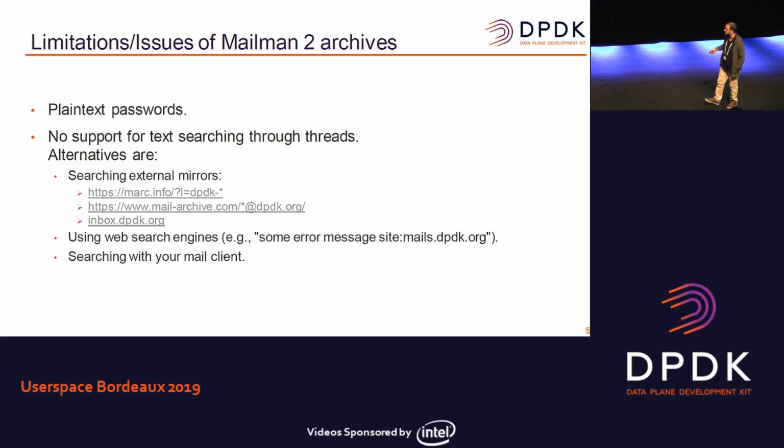So some threads might never be indexed by any web search engine, and you won't be able to search them this way. You can also search in your mail client, but this doesn't work if you are a new user. You'd have to be subscribed to the mailing lists for a very long time to be able to do that.